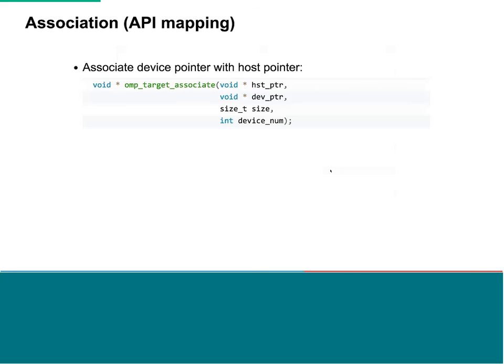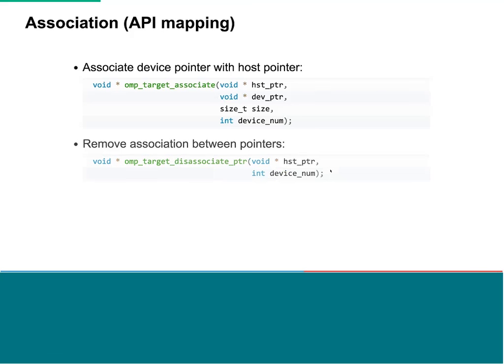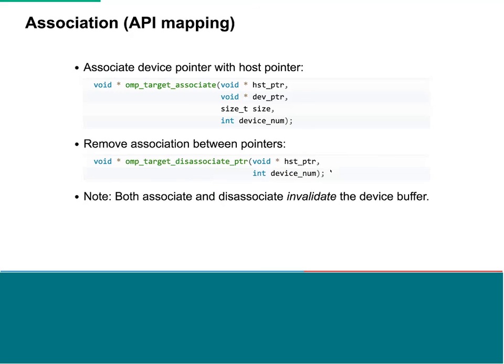When given a host pointer, a device pointer, size, and the device number, it causes any reference to that host pointer to find that device pointer as present. There's a corresponding disassociate to remove these, and one note is they're both defined to invalidate the contents of the device buffer.